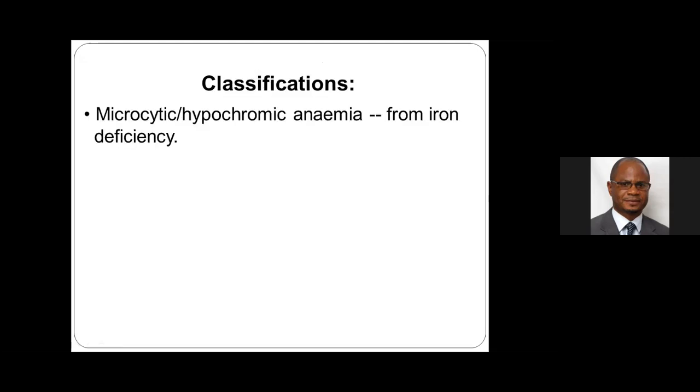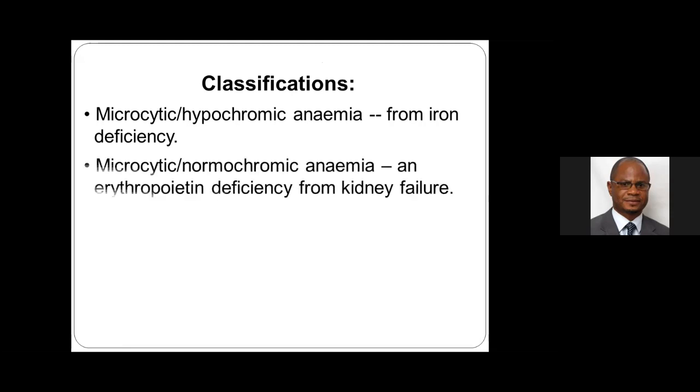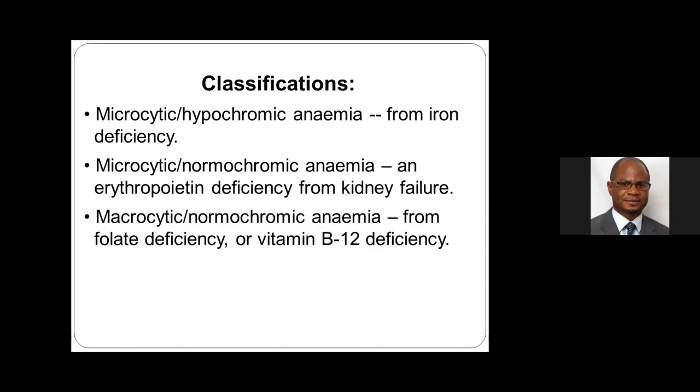So here you go, you have microcytic hypochromic anemia from iron deficiency anemia, meaning the cells are small, and then we have hypochromasia. So the central pallor is larger, even though the cells are small. They are not picking up the stains. Then we have microcytic normochromic anemia. Here can be an erythropoietin deficiency from kidney failure. The cells are small, but the staining is normal. Macrocytic normochromic, the cells are larger, but the staining is normal. Could be folate deficiency or vitamin B12 deficiency.